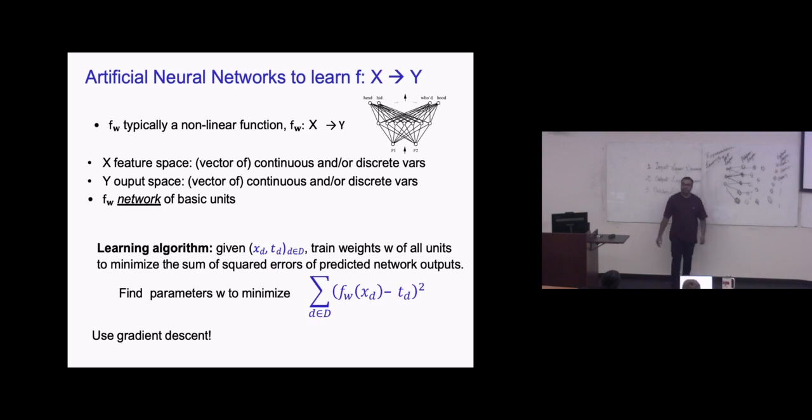Okay, what is the problem with perceptron? It's linear. Yeah. If you do kernelization, that's not linear anymore, but there are more problems. Perceptron is not differentiable, right?